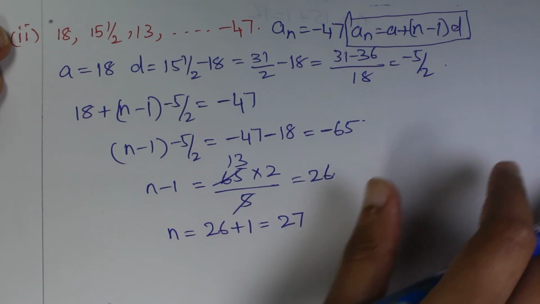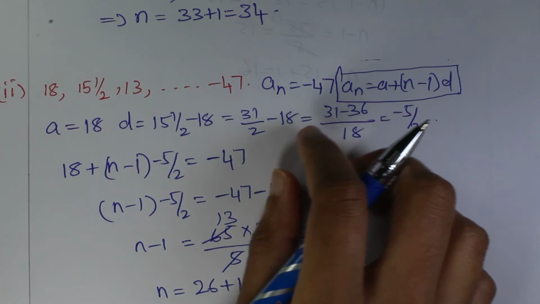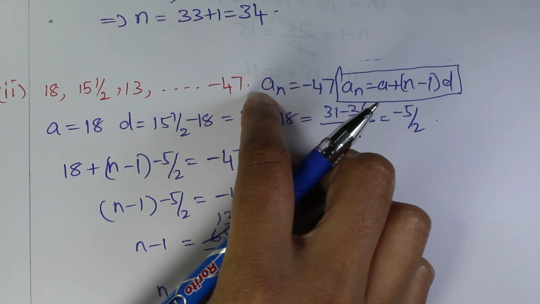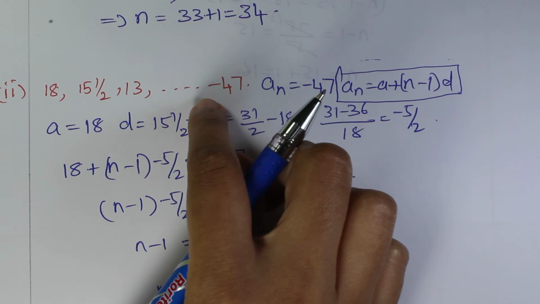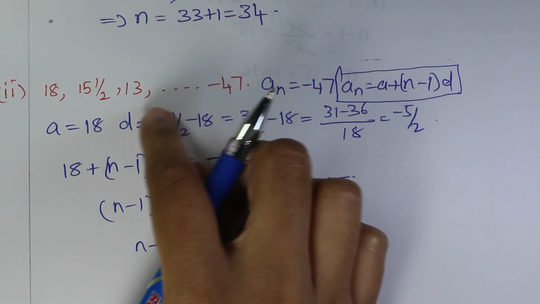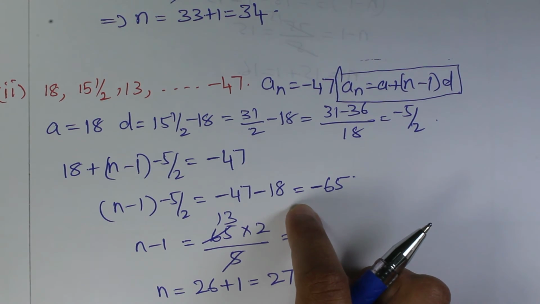Hope this is clear. I'll explain the problem once again. Here he has given an arithmetic progression series, that is a finite AP, that is he has given the last term in the series as minus 47. We have to find out the total number of terms in this series. Because we do not know how many terms are there, we will assume there are n terms.